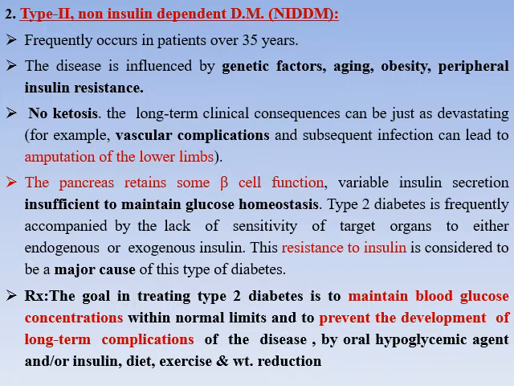Usually we advise the patient to take oral hypoglycemic agents and or insulin with diet, exercise and weight reduction to maintain normal glycemic control and to avoid the long-term complications.